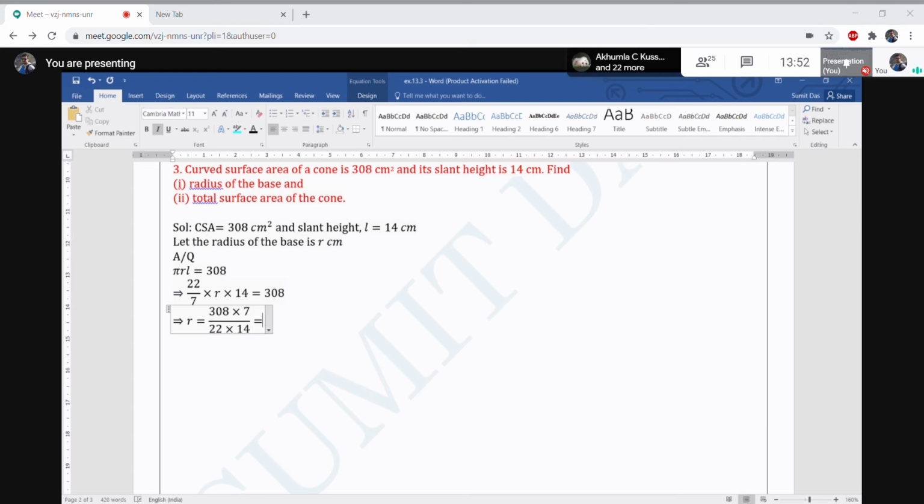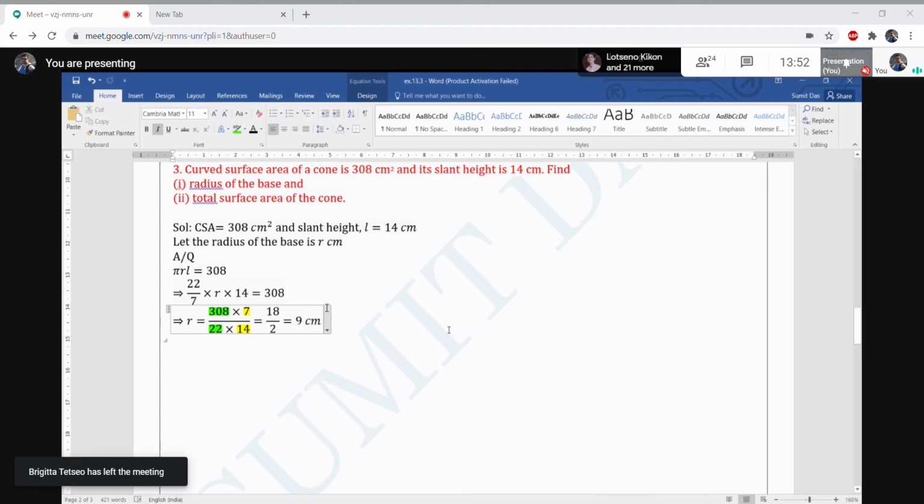If you simplify this one, 7 and 14 will cancel, so it will be 2, and 22 will also cancel. So the numerator will be 22, and 308 divided by 22 is 14, and denominator will be 2.